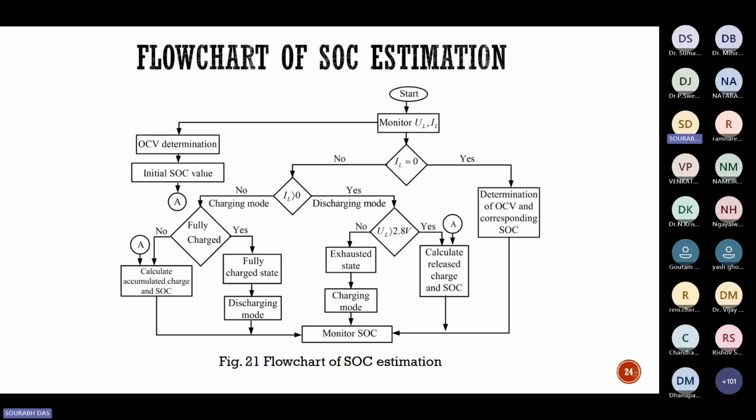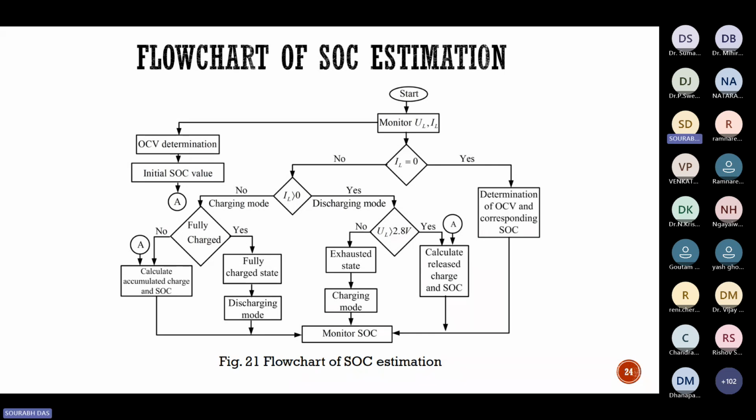In both the charging and discharging modes, the algorithm calculates the SOC based on the accumulated or released charge using the Coulomb counting method. After each charging or discharging cycle, the SOC is updated and monitored so that accurate estimation of the SOC can be done.